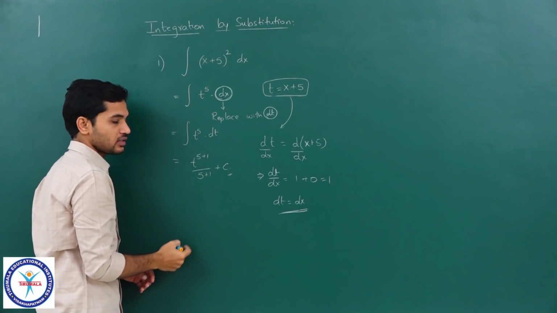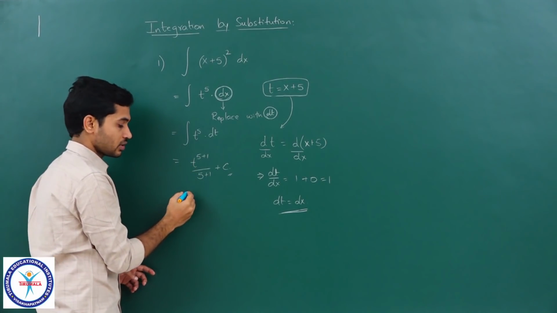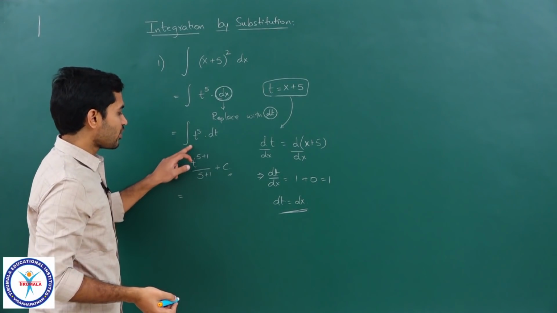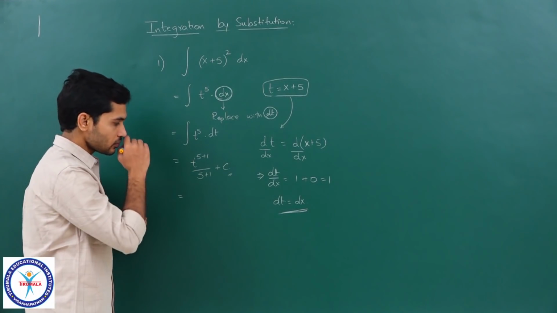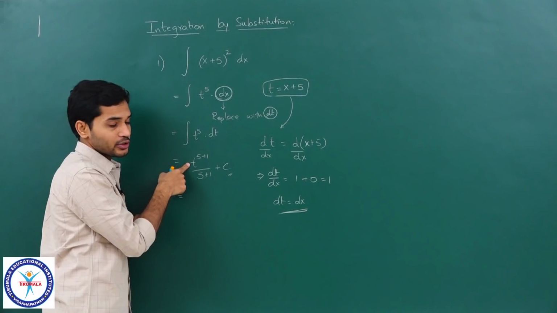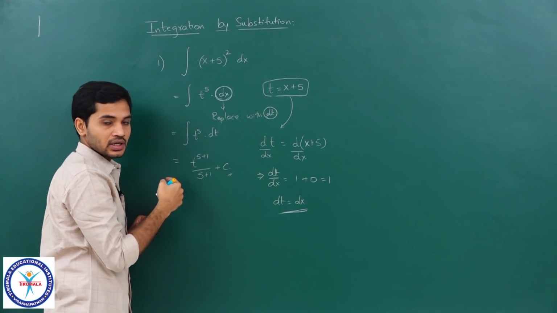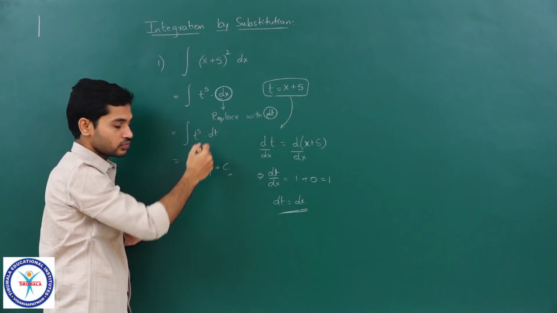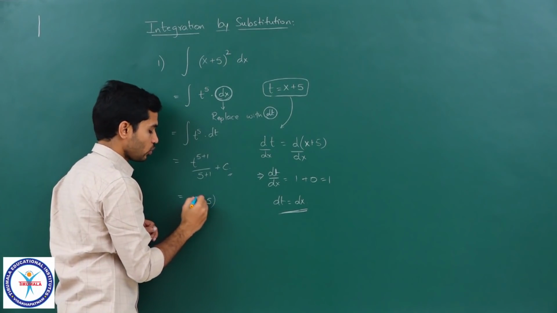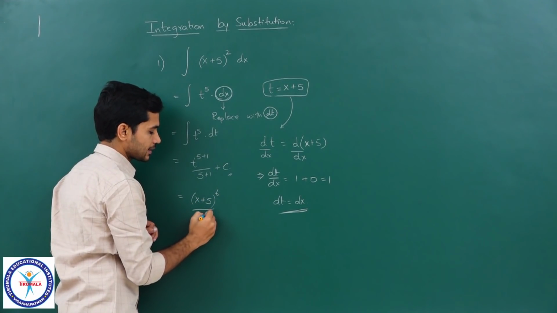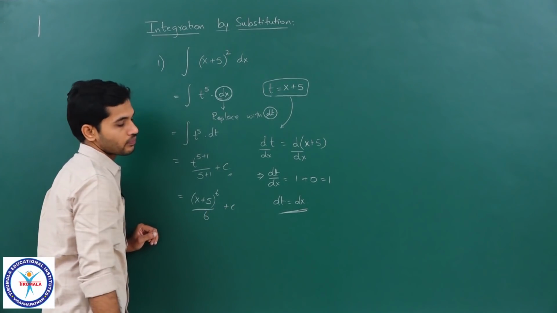Do not forget this c, we are doing indefinite integration, correct. So, this is equal to t power 6 by 6. If I replace the value of t back with our original expression, this will automatically become x plus 5 whole power 6 by 6 plus c, correct.